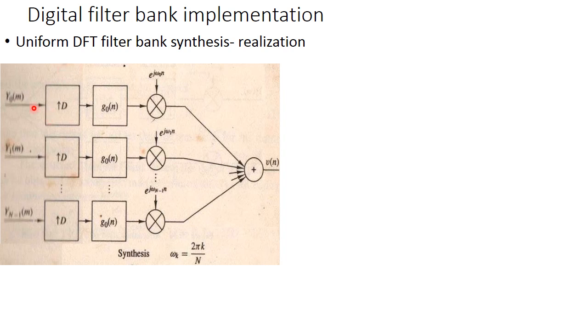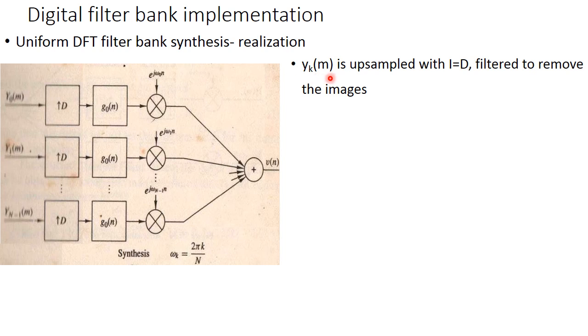Then we use a filter function, as we require a filter after the interpolation process. To get the time domain signal back, we multiply by e raised to plus j omega k into n. So it's the reverse process of analysis.